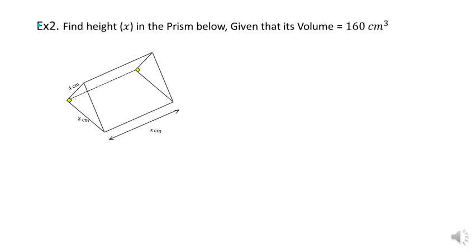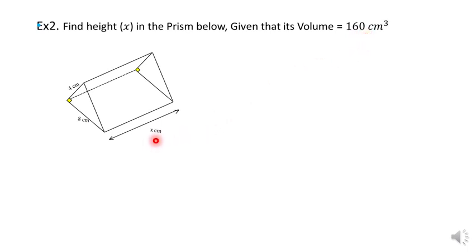Find the height x in the prism below, given that its volume equals 160 centimeter cube. So in this example, class, I don't want you to find the volume of this prism. I already give you its volume, 160 centimeter cube.